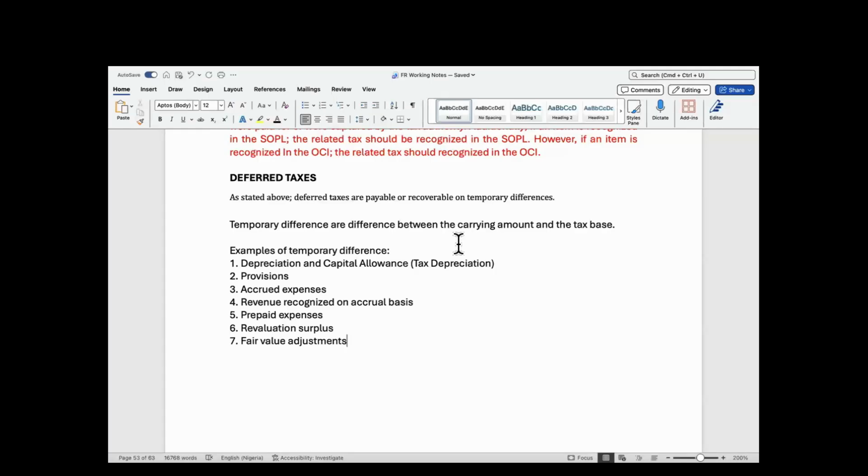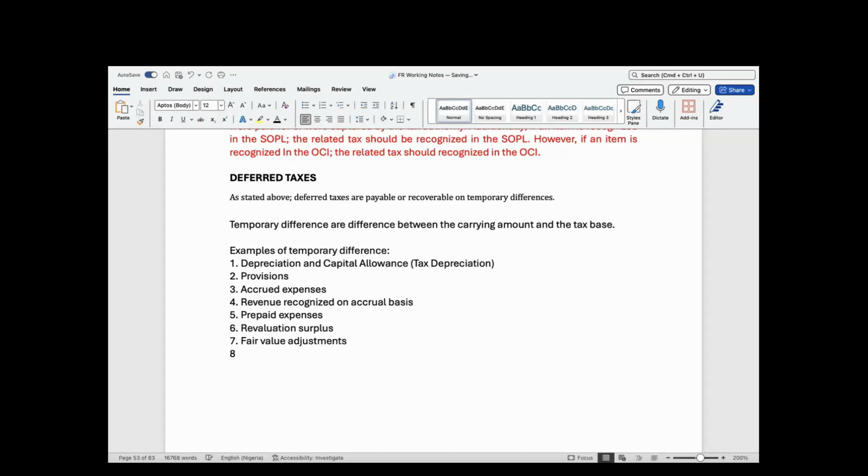If it is a surplus, they will also not tax it until the actual cash impact is felt. They will not allow you to put it in your books.